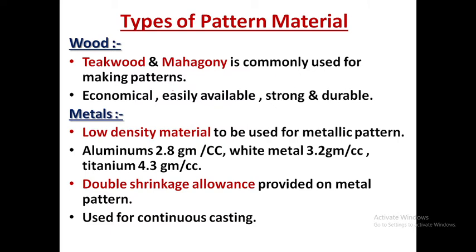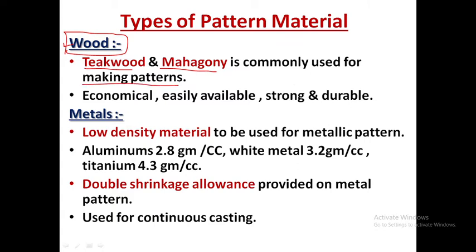First one is wood. This is the most widely used pattern material in casting. The contribution of wood is more compared to other materials. In wood, teak wood and mahogany are normally used for making the pattern.